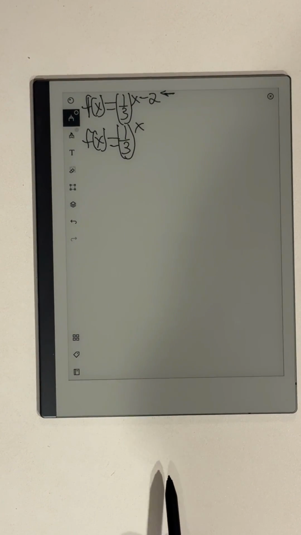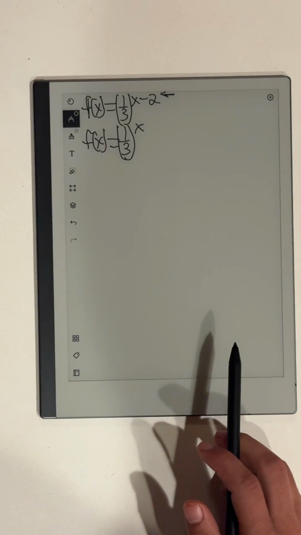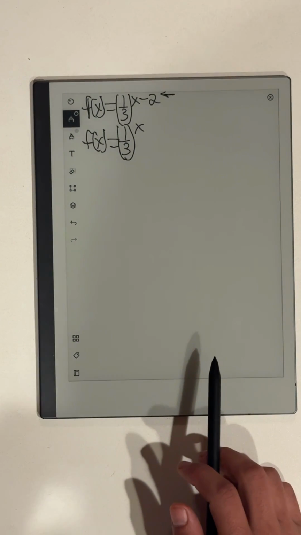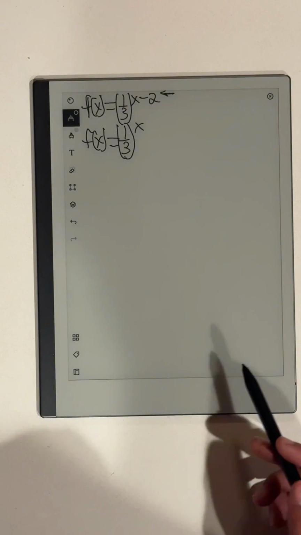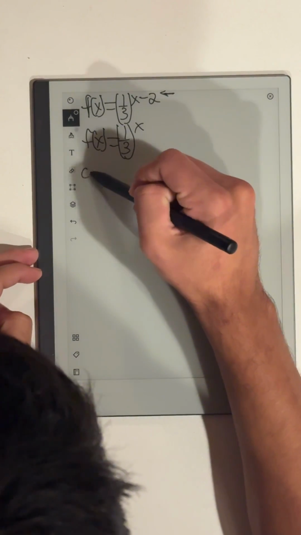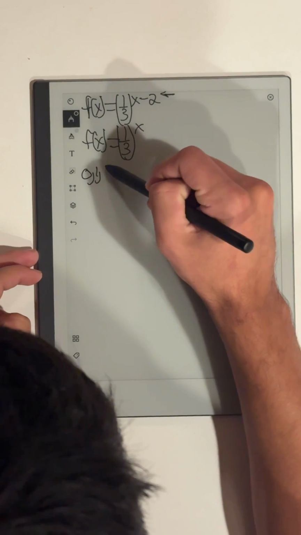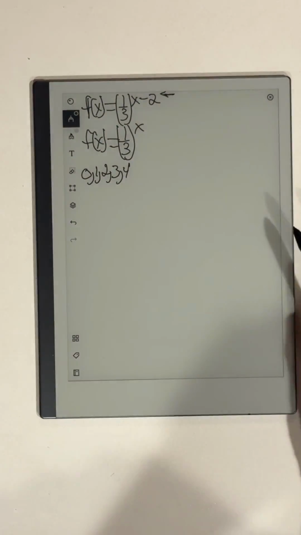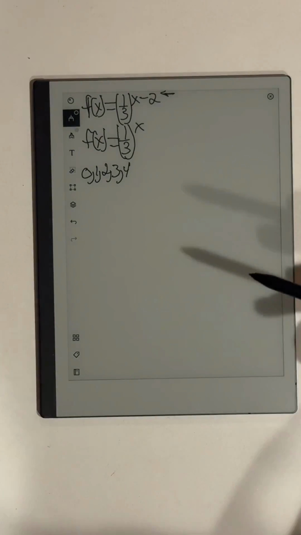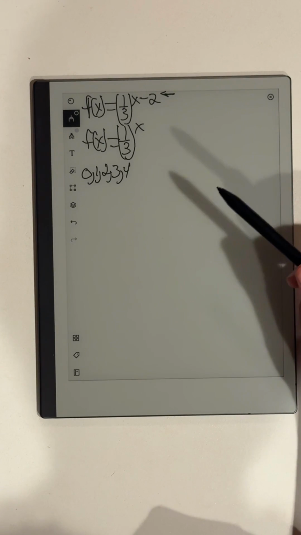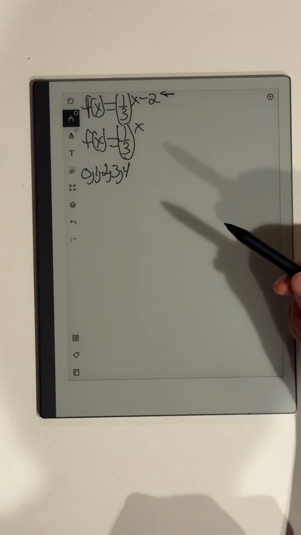And then step 3, we're going to get a table of values, and we're going to use these 5 different numbers: 0, 1, 2, 3, and 4. I'm going to show you how to get your points to then later graph your exponential function.